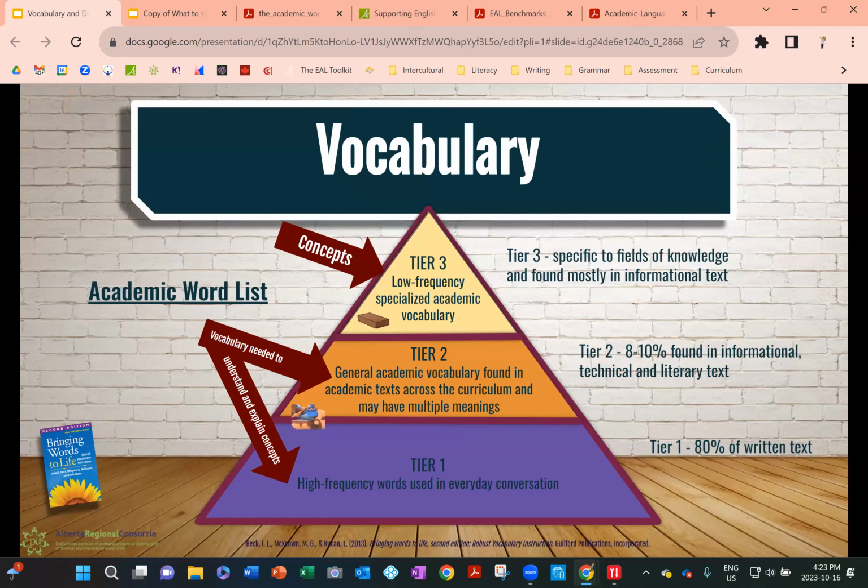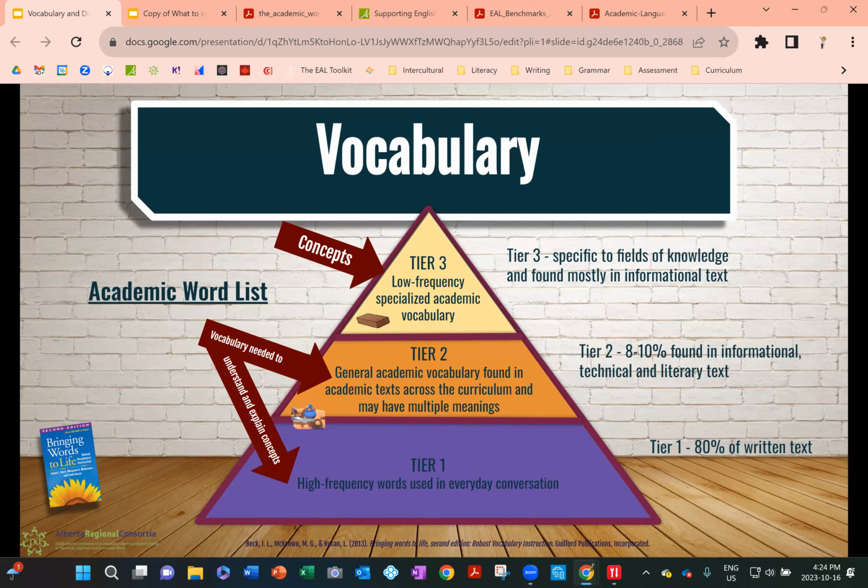And when we think about vocabulary in a tiered way, pulling a lot from Beck, McKeown, and Kucan's work, and this session's more geared towards junior high teachers, but if you happen to be in the K-6 world at all, this tier 1, tier 2, tier 3 vocabulary pyramid could be familiar to you.